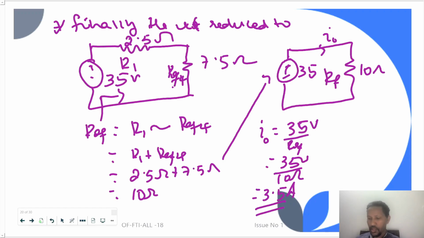This is how we can solve any circuit by the reduction technique. We were asked to determine the equivalent resistance, which is 10 ohm, and the total current I naught, 3.5 ampere.